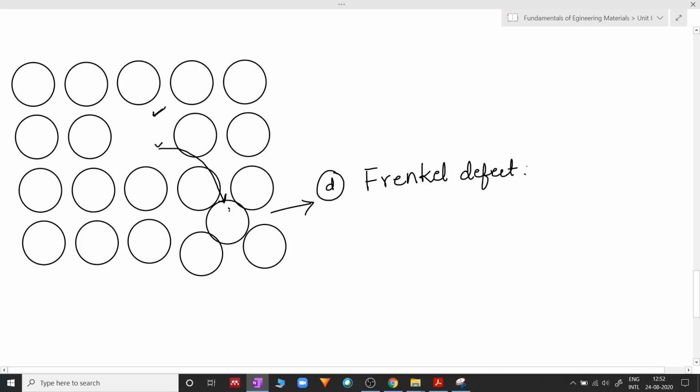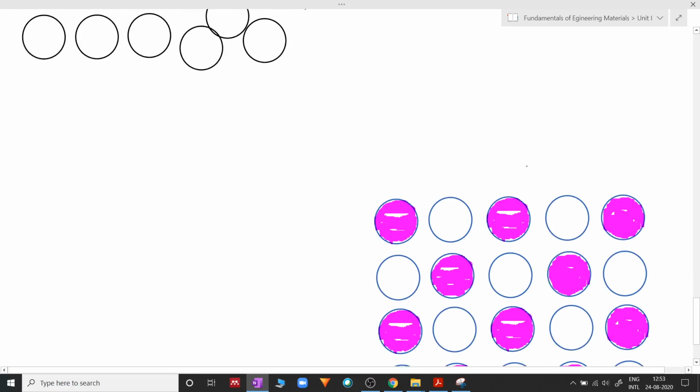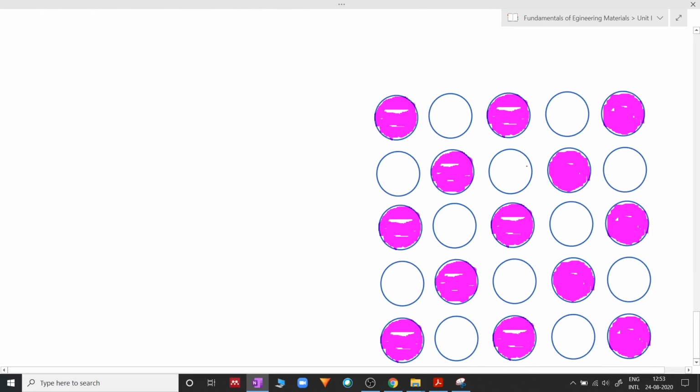These are point defects. Now sometimes in a material there will be positive ions and negative ions. Let us say this is a perfect solid, and this is a positive ion and this is a negative ion, cation and anion.